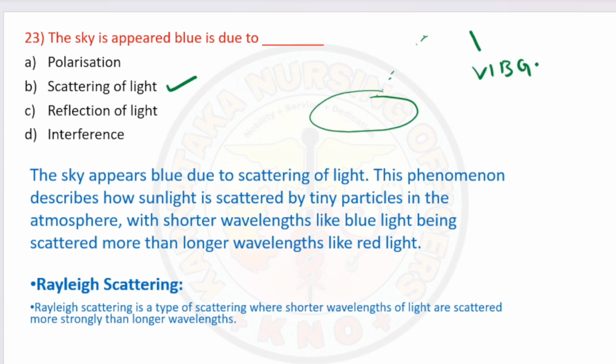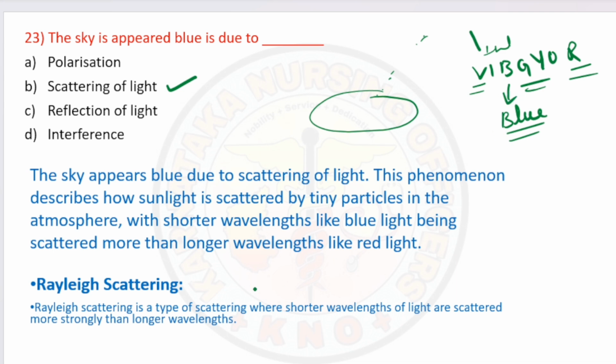VIBGYOR. So it is a combination of 7 colors, and the shorter wavelength radiation, that is blue, will be scattered more compared to the longer wavelength, that is red. And you might ask why not violet, why not indigo? Because human eyes are more sensitive to blue rays compared to violet and indigo. That's why the sky appears blue in color.